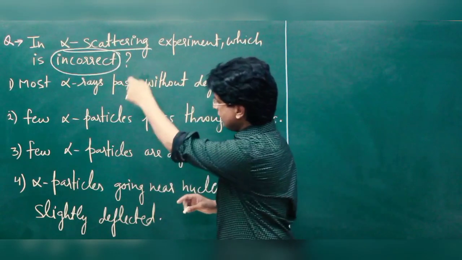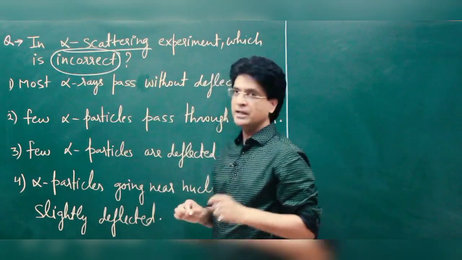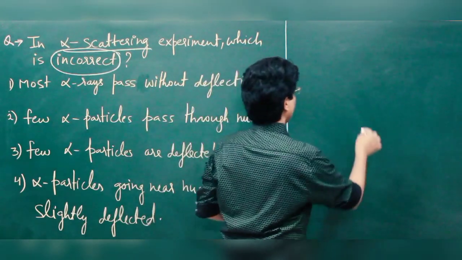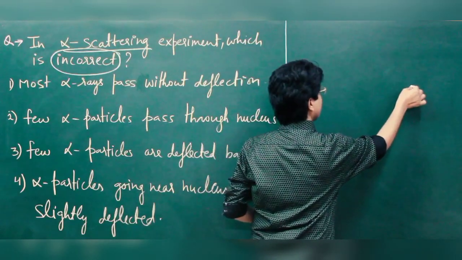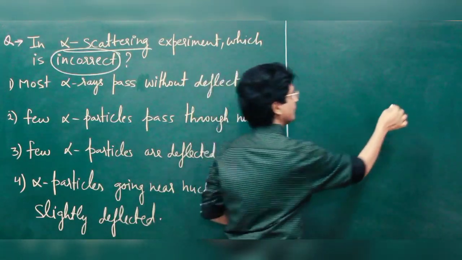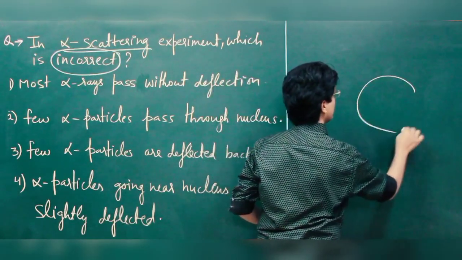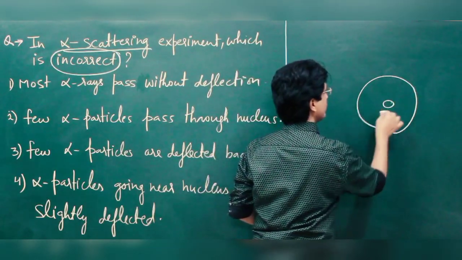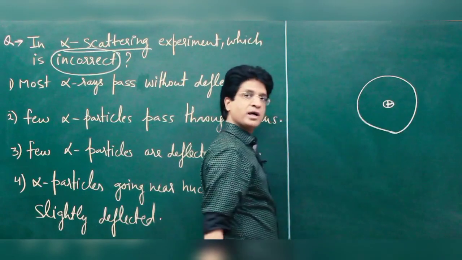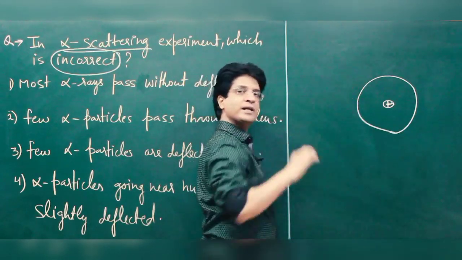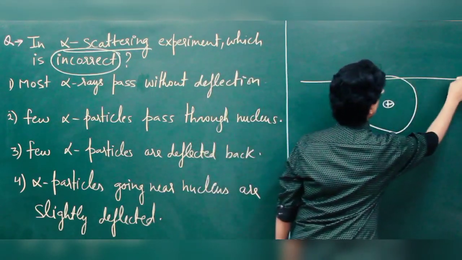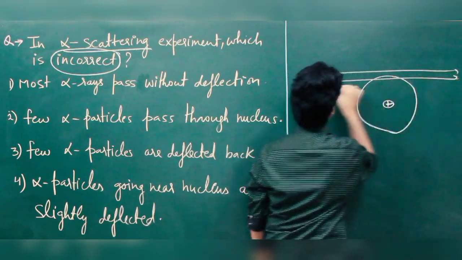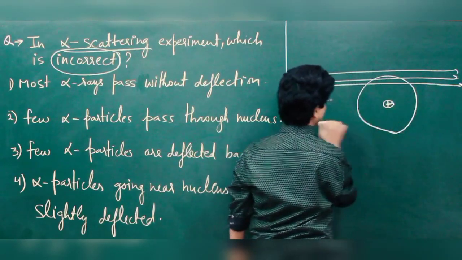Before we go through the options, let us go with the diagram of Rutherford's alpha scattering experiment. Suppose this is the atom, and this is the nucleus, which is positively charged. When the alpha rays were passed, you know that most of them passed undeflected.